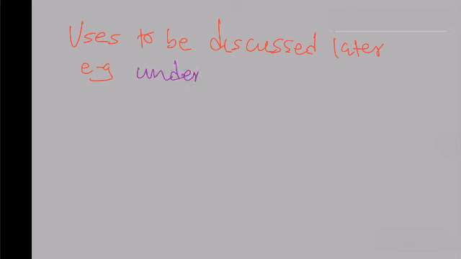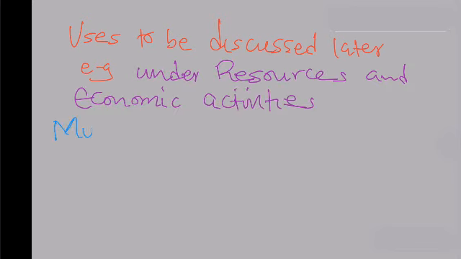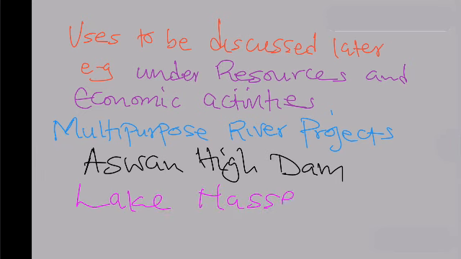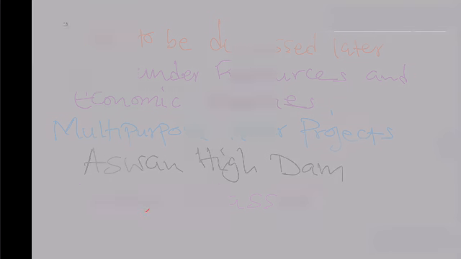We are going to discuss in detail how this river is used, for example, under the topic resources and economic activities. We will be looking at the multi-purpose river projects, that is the Aswan High Dam, which has given rise to Lake Nasser, which is mostly used by people in the northern part of Sudan and also a good part of Egypt. But then that will be coming up later.